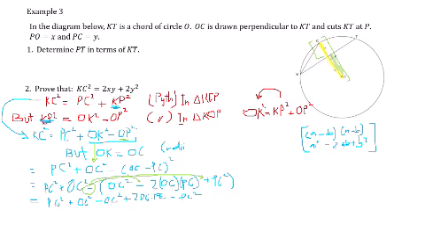And now we are going to do the cutting. So plus OC, minus OC cancel out, positive PC squared, negative PC squared cancel out again, and then we are left with your 2 OC PC.